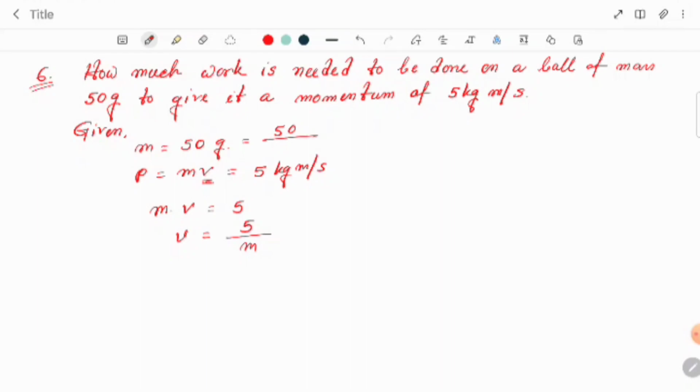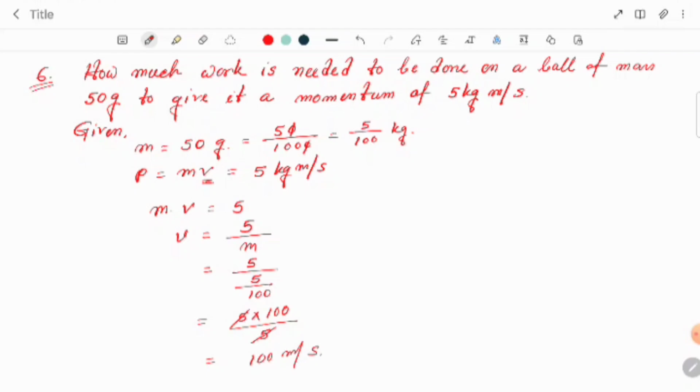So 50 by 1000, 1 cancel, so basically we are getting 5 by 100 kg. So here 5 by 100 will get equal to 5 into 100 by 5. So we are getting 100 meter per second.